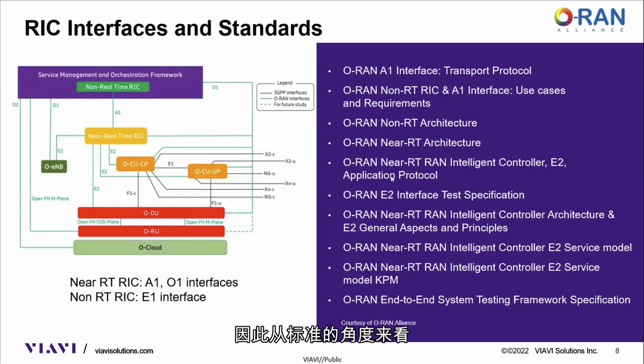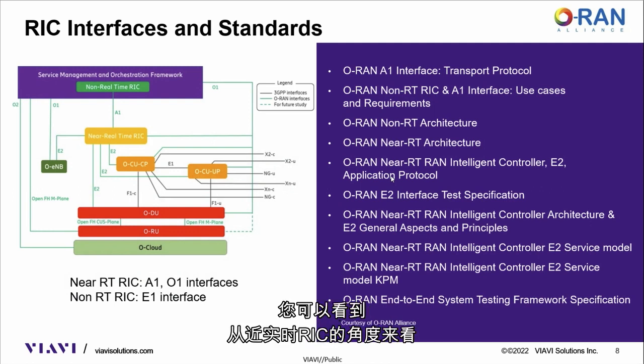So from a standards point of view, there are certain numbered interfaces such as E2 and A1 and O1 involved in the 2 types of RIC. And these are really important because they carry the data and the messages and the instructions between the RAN and both RICs. So the diagram on the left here from the O-RAN Alliance shows the various interfaces between the Open RAN nodes.